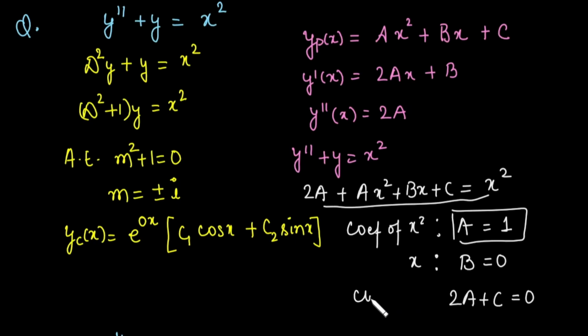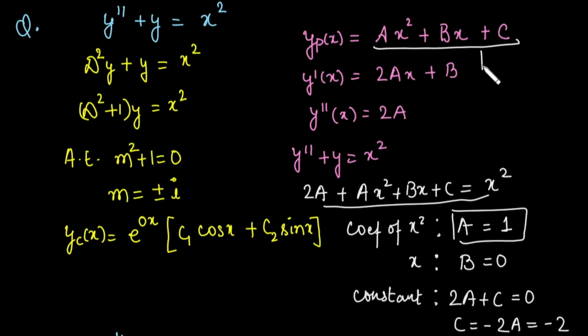Now this is the comparison of the constant terms, so from here we can extract the value of c. So c is equal to minus twice of a, and the value of a is 1. So the value of c is equal to minus 2. So the final particular integral in this case: a is 1, so we have x square.